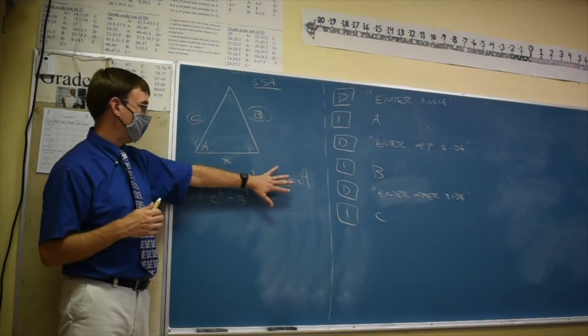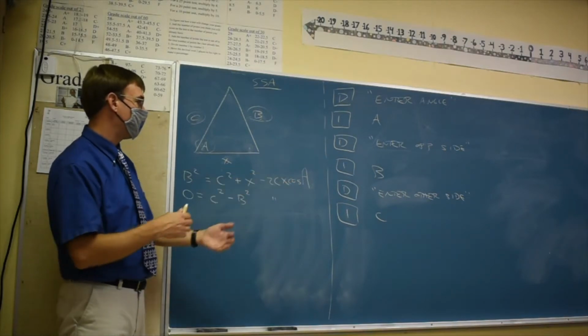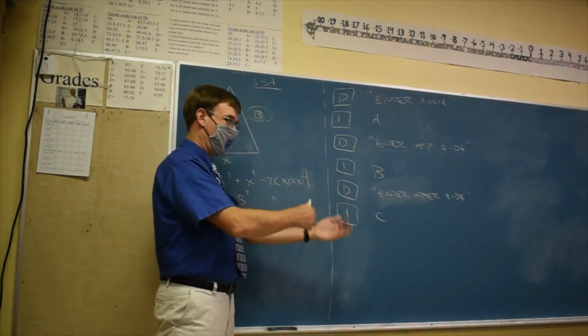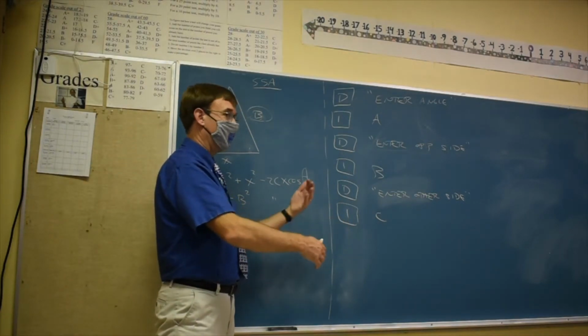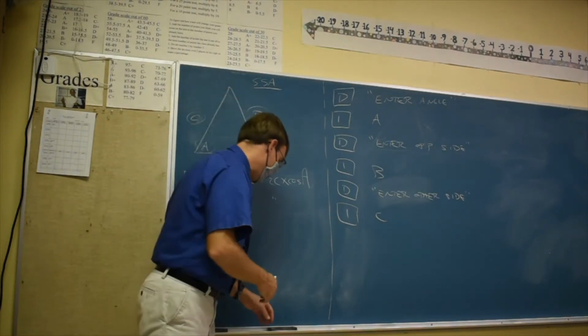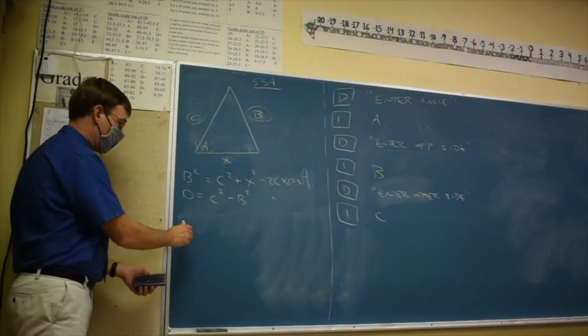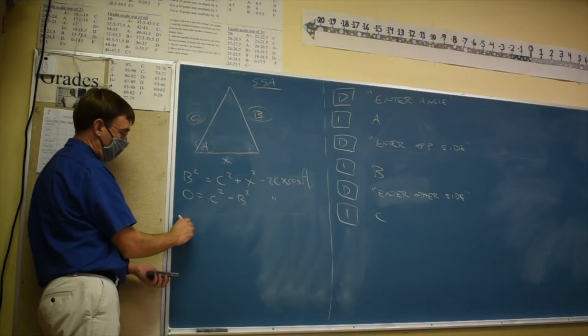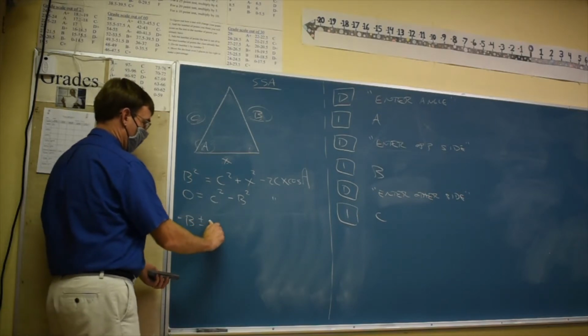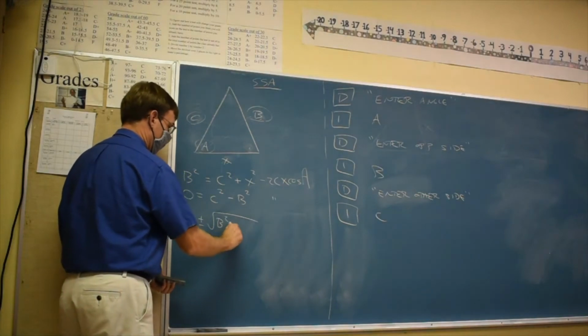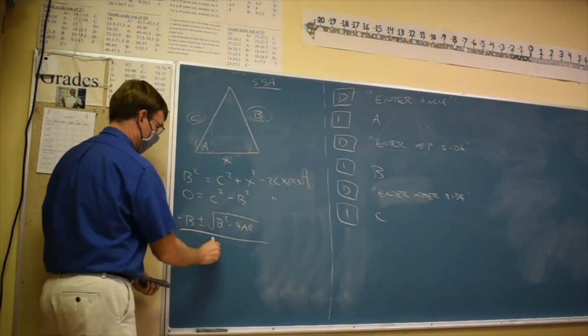No. So we're going to have to recreate our quadratic program inside this other program. I'm going to veto a choice we already made. What is the quadratic formula? Plus or minus root b squared minus 4ac over 2a.